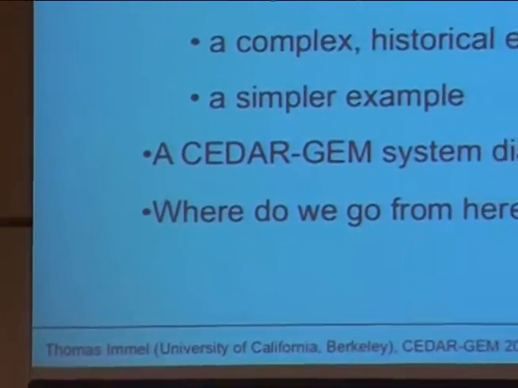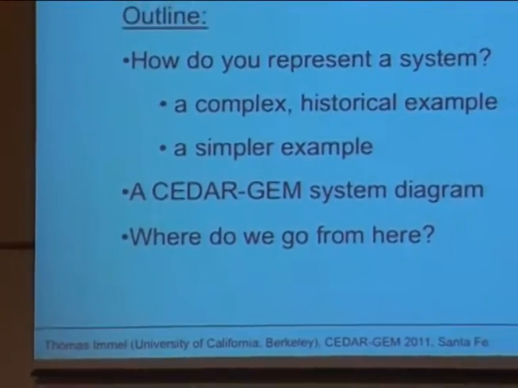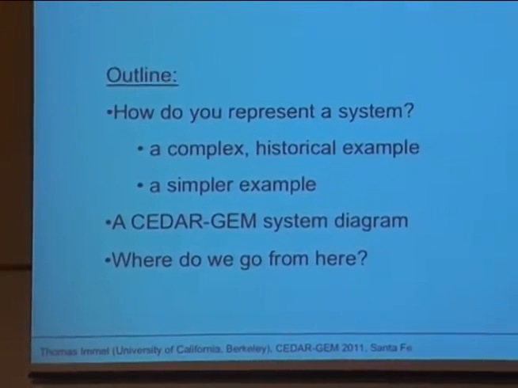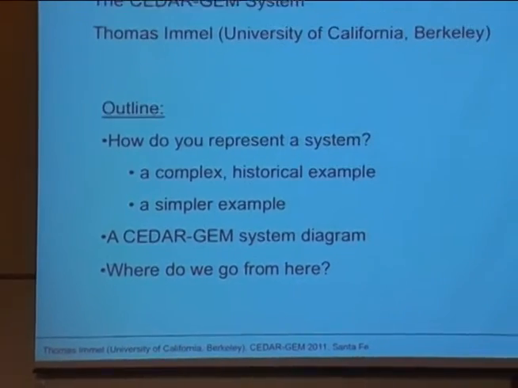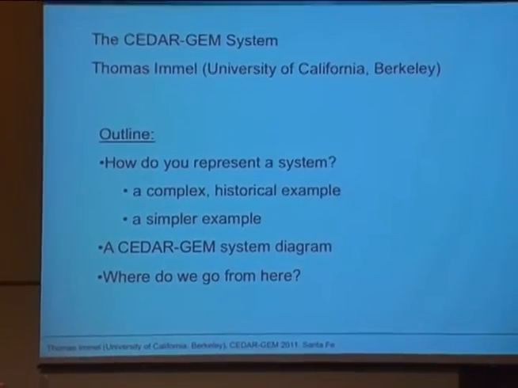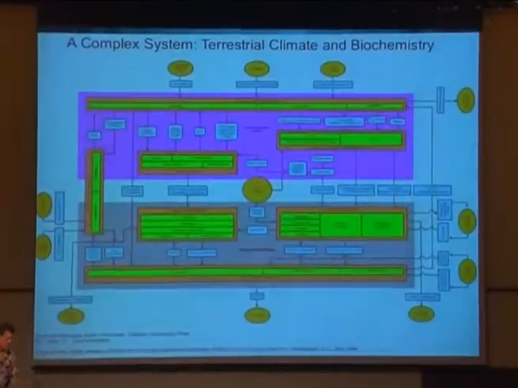And then talk about possibly a GEM CEDAR system diagram, or give one example of what that might look like. And again, it's open to discussion of what really our system might be. And then talk briefly about where we go from here.